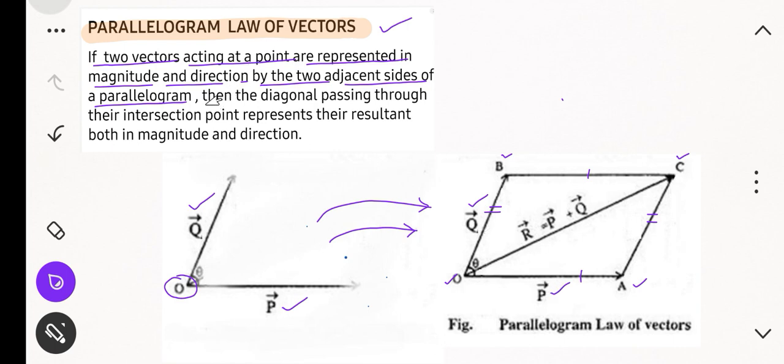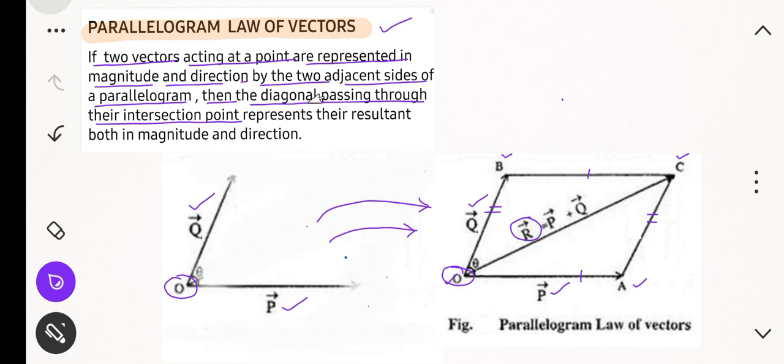Then what happens? Then the diagonal passing through their intersection point. Here O is the intersection point of P bar and Q bar vectors, and the diagonal passing through their intersection point is R bar.